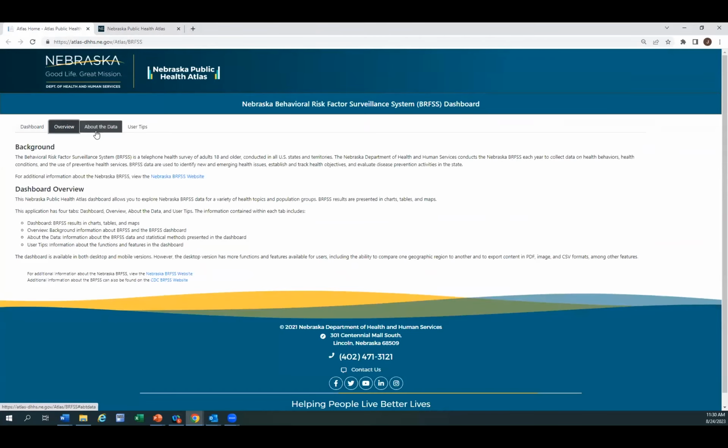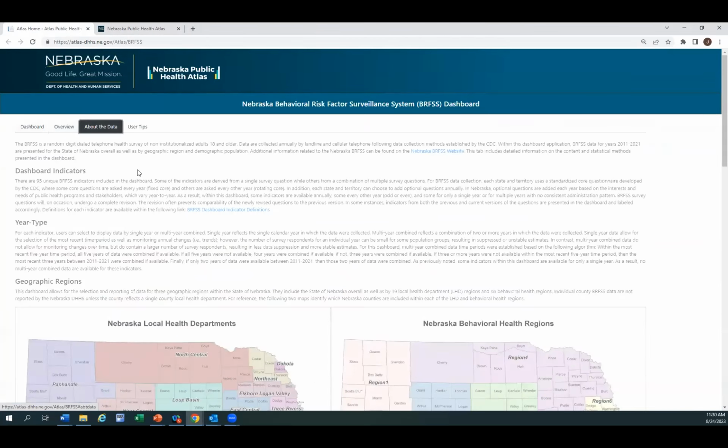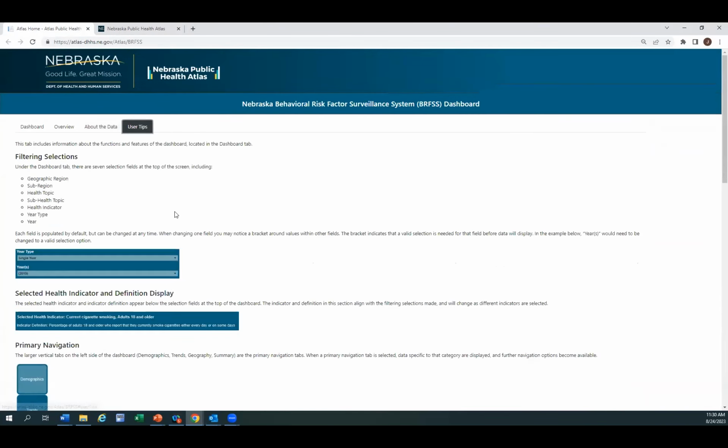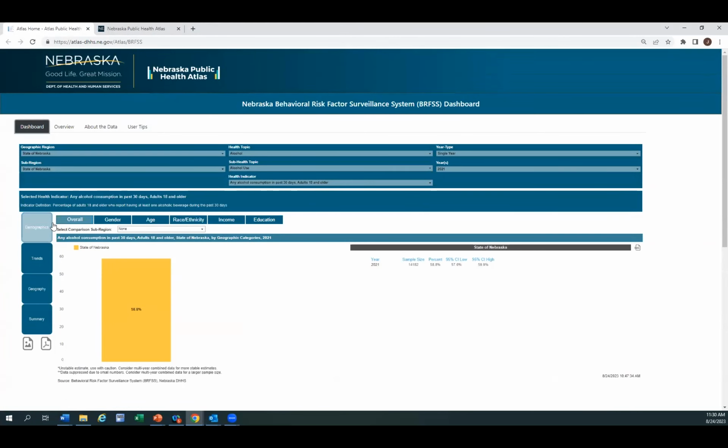It's got documentation and background within it for all the methods and so forth, tips on how to use the dashboard, and a lot of information, demographic breakdowns and trends, and geographic breakdowns within the state for many self-reported health issues in the U.S. So I'll pause there, I guess, before digging in.